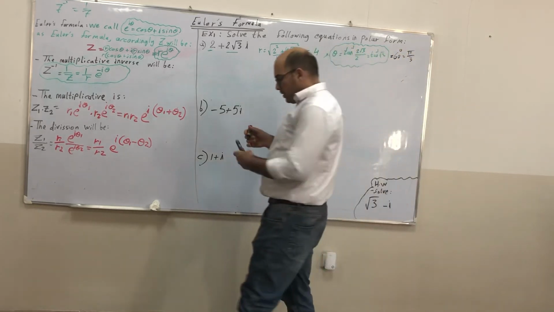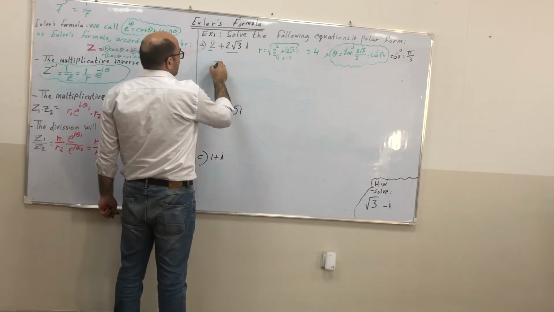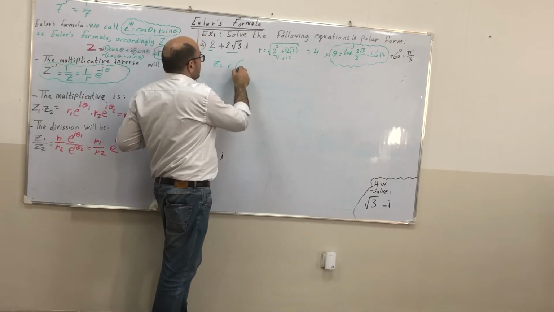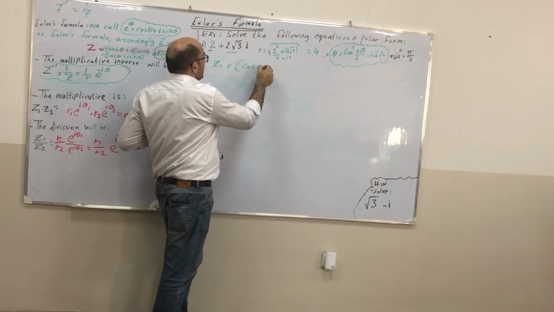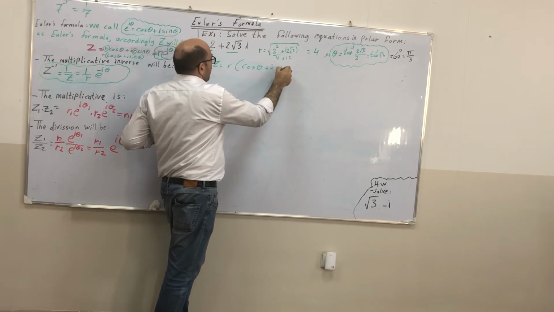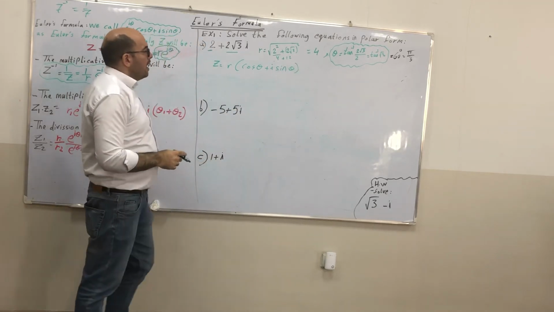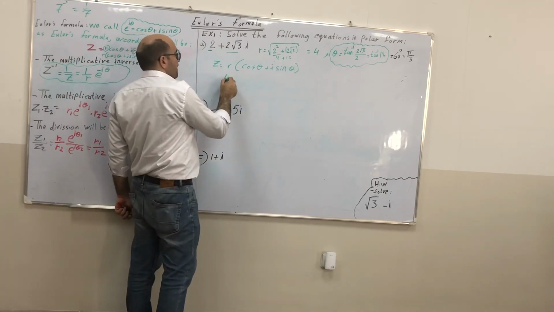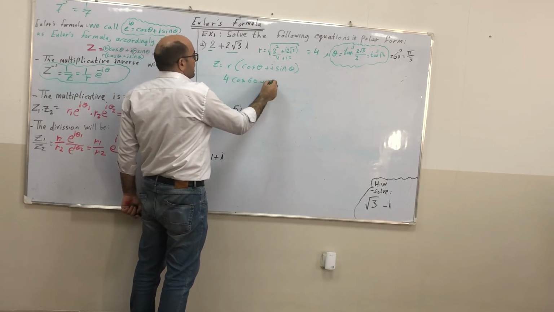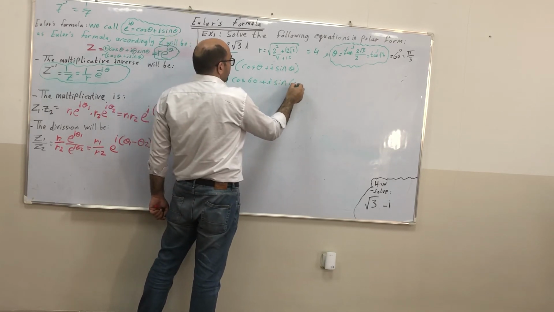So if I want to convert it to Z, now Z equals R cosine theta plus I sine theta. So how much R do we have in here? R is 4. Cosine 60 plus I sine 60.